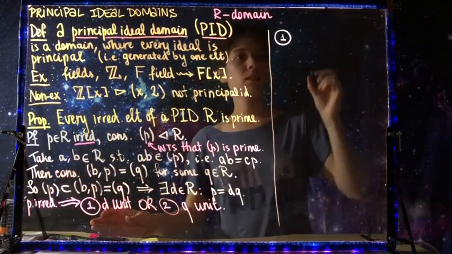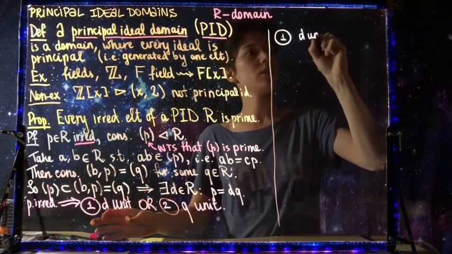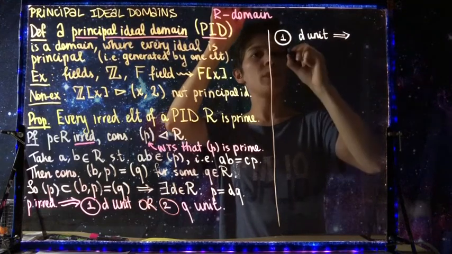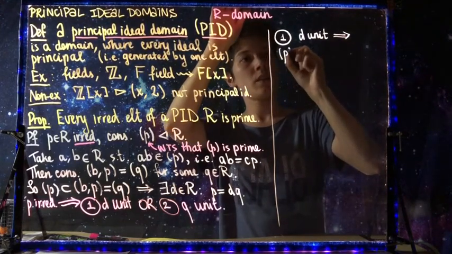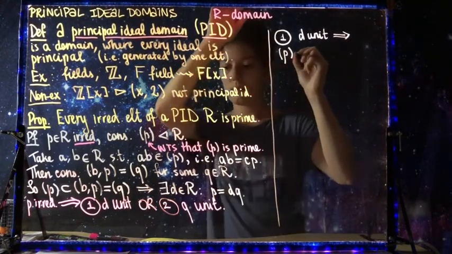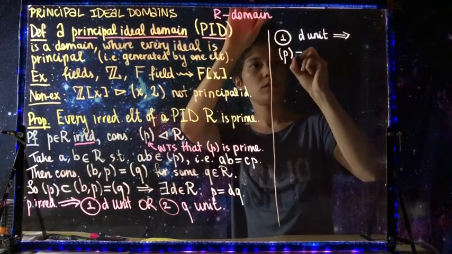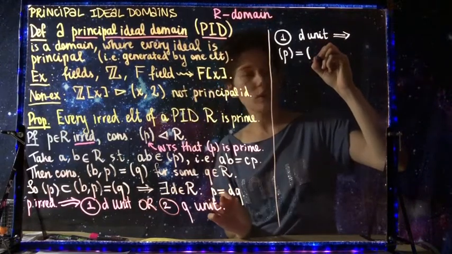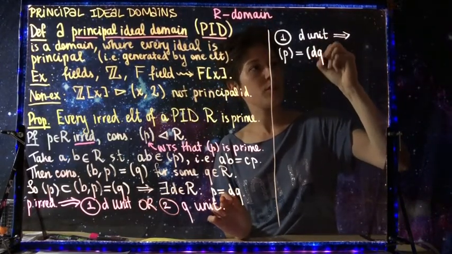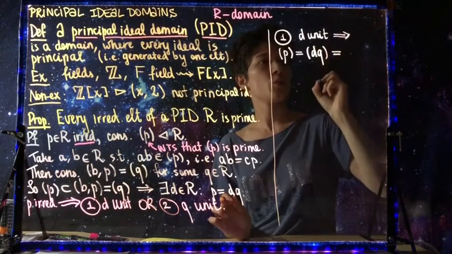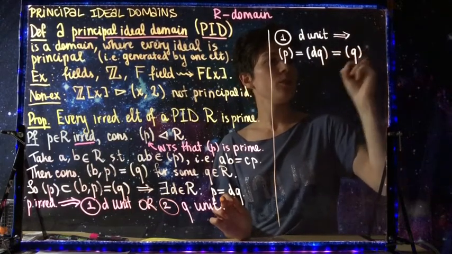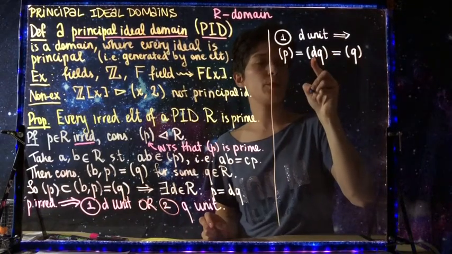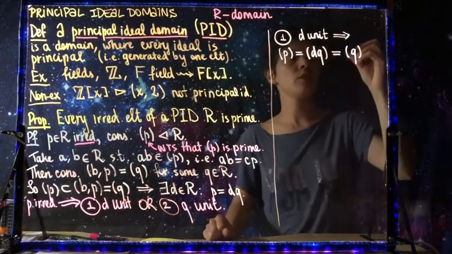In the first case, if D is a unit, then the ideal generated by P, which is by this equality the same as the ideal generated by DQ, should be equal to the ideal generated by Q, because here we just multiply Q by an invertible element, and this does not change the ideal.